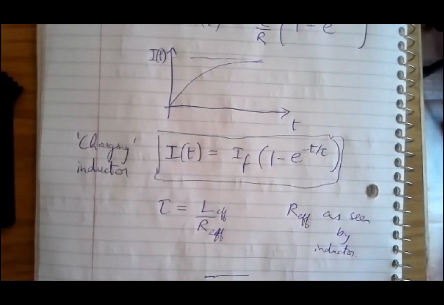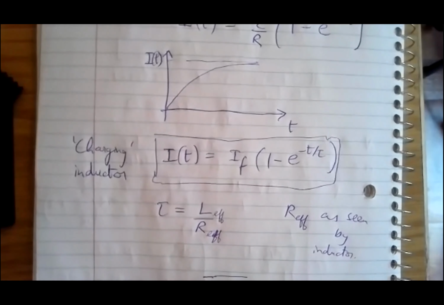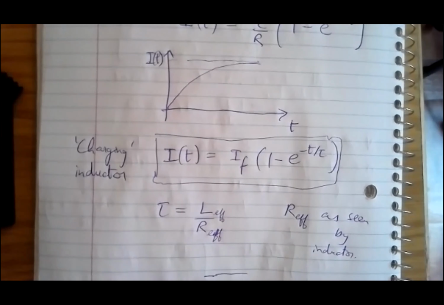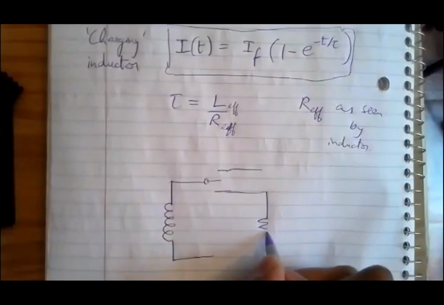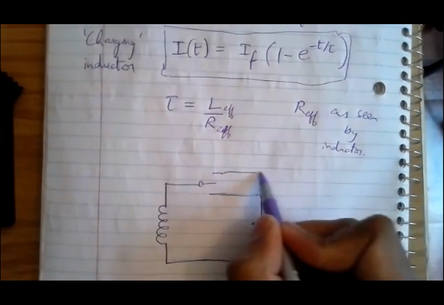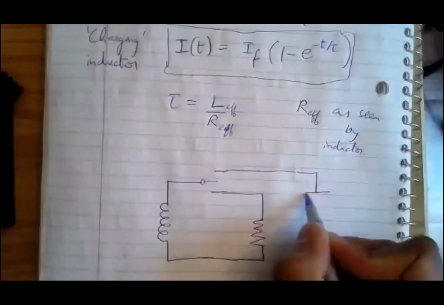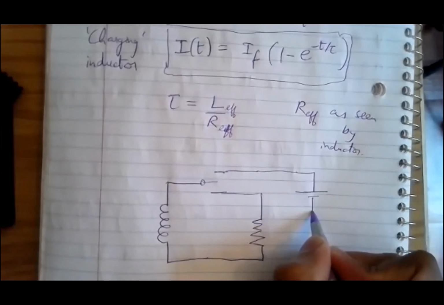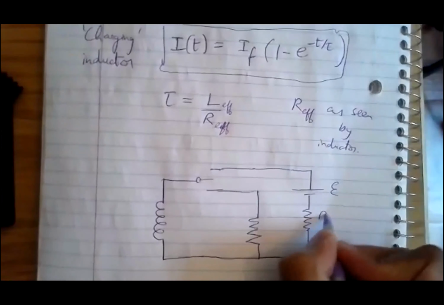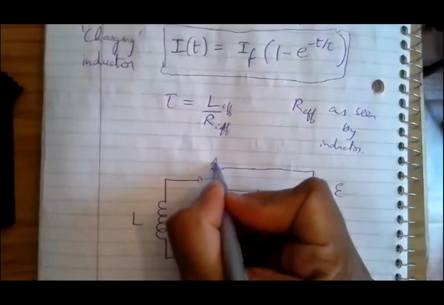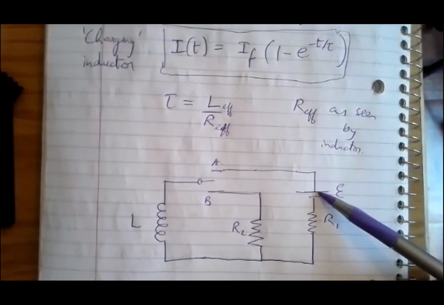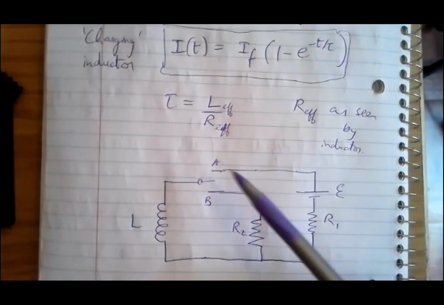And we have the inductor and resistor over here, and a battery and resistor over here, R1, R2, L. All right, and say this is switch position A and B. So you can see that when the switch is in position A, we have battery, inductor, and resistor R1. So it'll be charging up then.